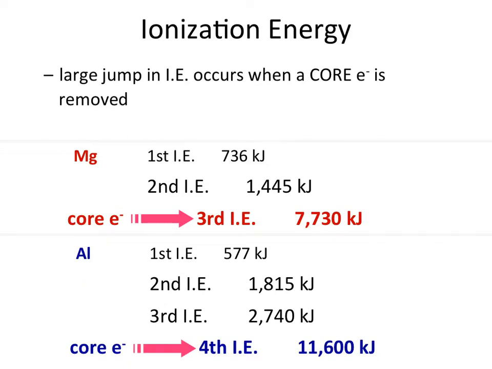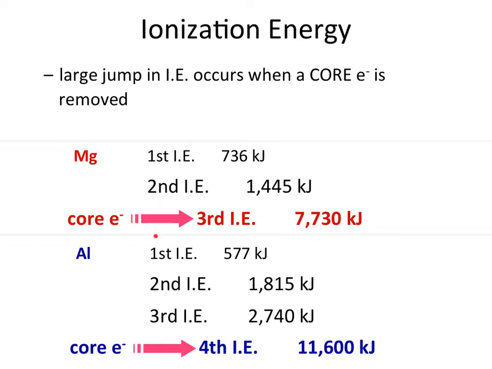In the case of aluminum, aluminum wants to give up its 3 electrons in order to have the noble gas electron configuration. But once again, when we remove an electron from that core, from that stable, completely filled shell, we see a very large jump in that energy. So half-filled and completely filled shells basically contribute to these jumps that you see.